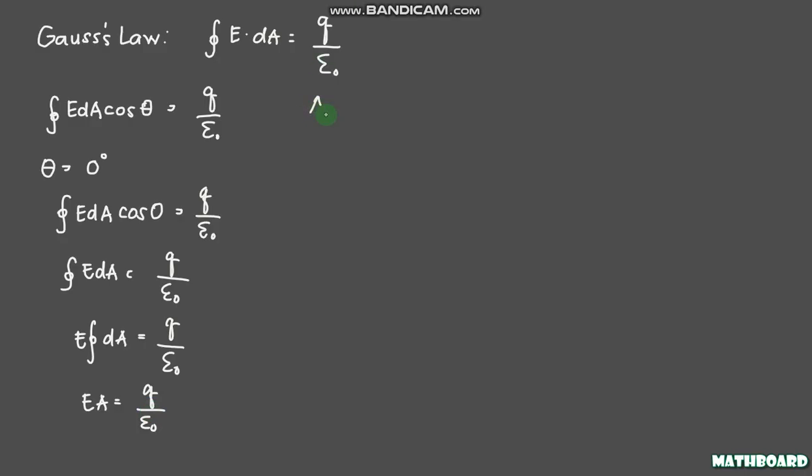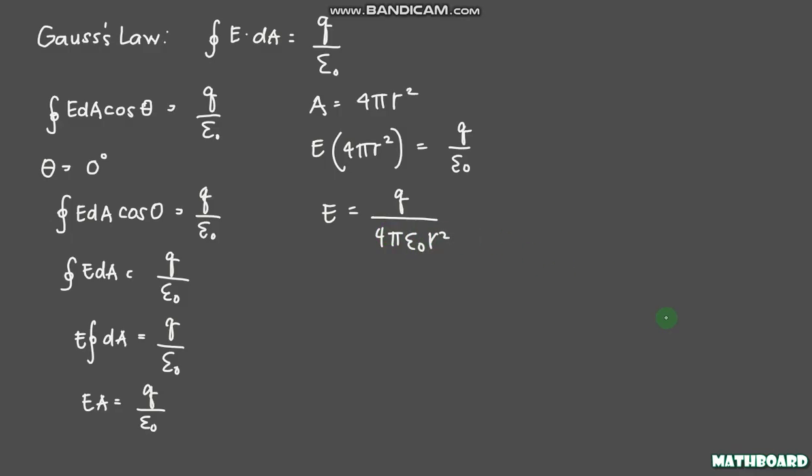We know that the surface area of a sphere is 4 pi r squared. So we replace A here, which gives us E times 4 pi r squared equals Q over epsilon sub 0. Then we divide both sides by 4 pi r squared, which gives us E is equal to Q divided by 4 pi epsilon sub 0 r squared. So this is the electric field.